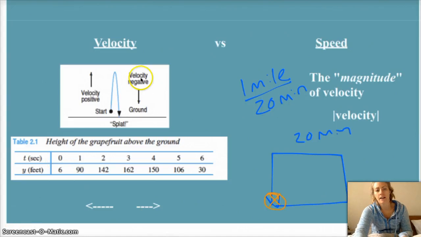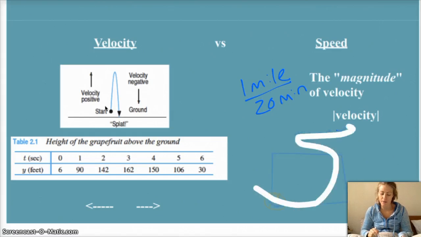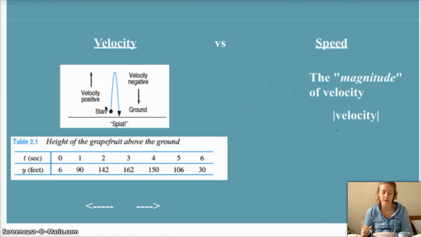And then for velocity, you have to pick a direction, right? So typically, up is a positive velocity, down is negative, right is typically positive, and left is typically negative.